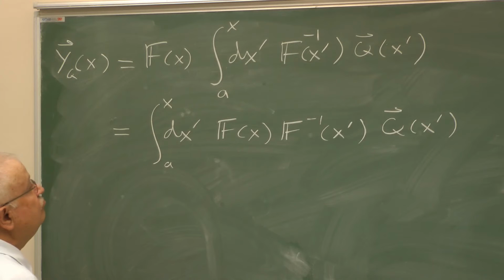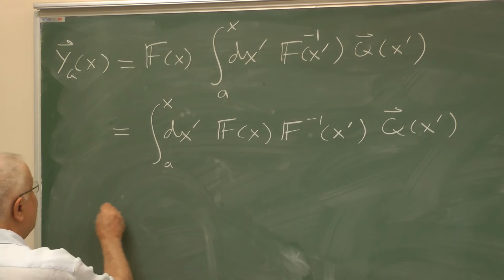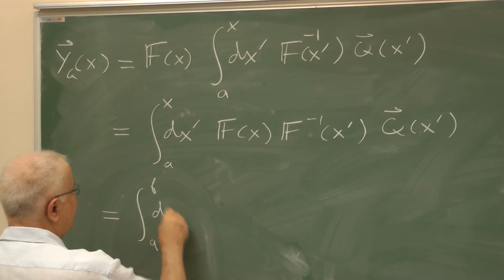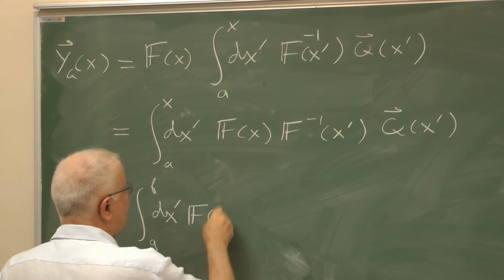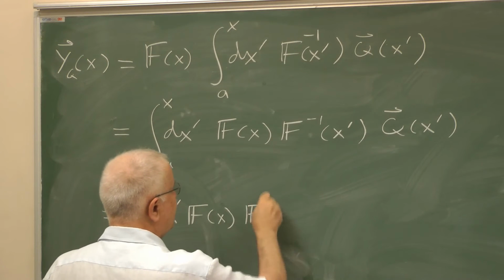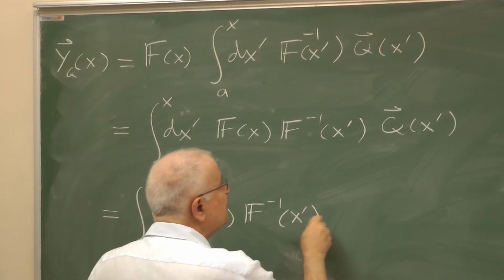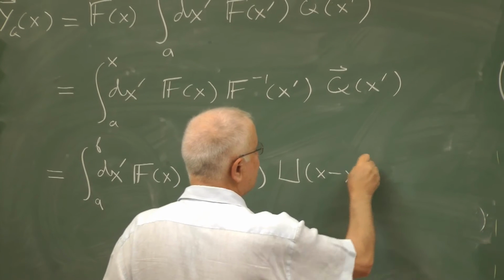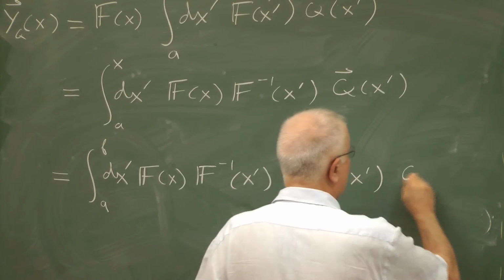So what do I do? If my total domain is a to b, I write this as integral a to b dx prime, fundamental matrix of x, inverse fundamental matrix of x prime, then u of x minus x prime. I'll explain this in a moment.